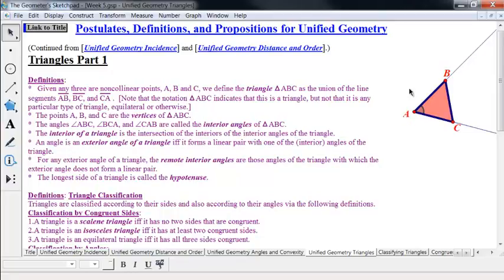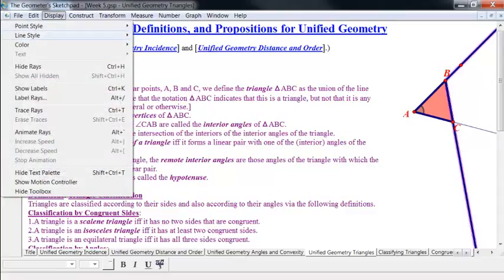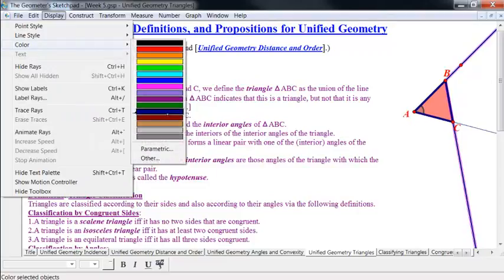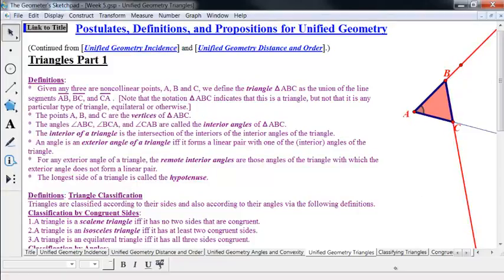For any exterior, okay, then you have an exterior angle. So here's an exterior angle. That angle there, this one here, is an example of an exterior angle. So the red is an exterior angle.